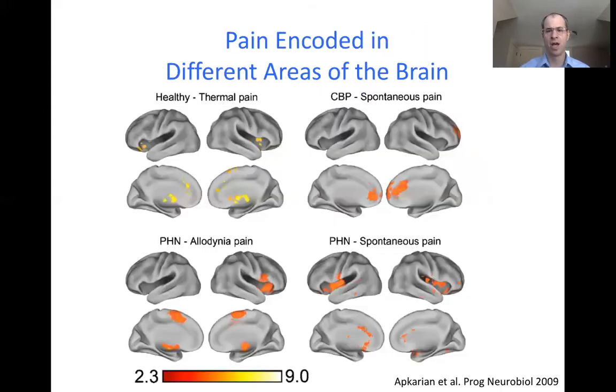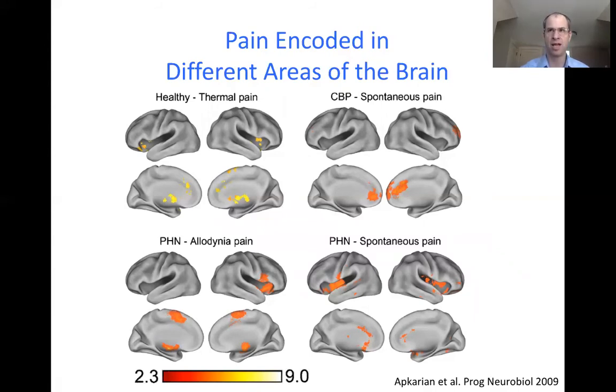And I'll give two more examples. One is in central sensitization and in chronic pathologic pain, there's actually changes in the way pain is encoded in the brain. So in a healthy person, one might expect to see functional imaging studies that show activation in response to a noxious stimulus in the thalamus and in primary sensory cortex.